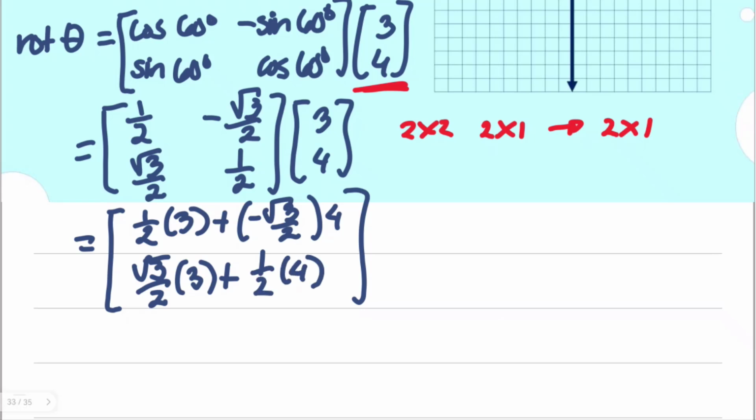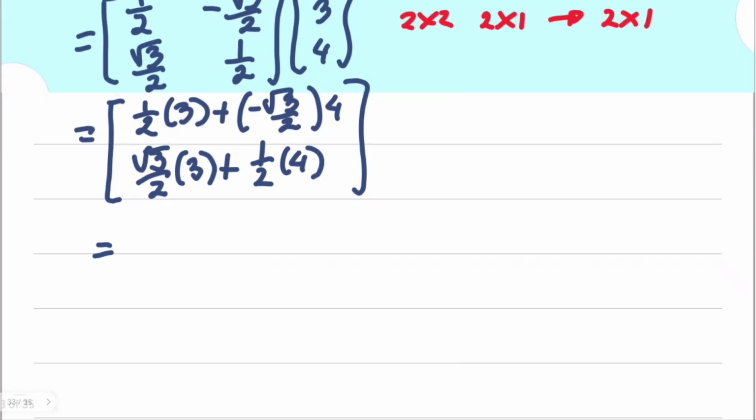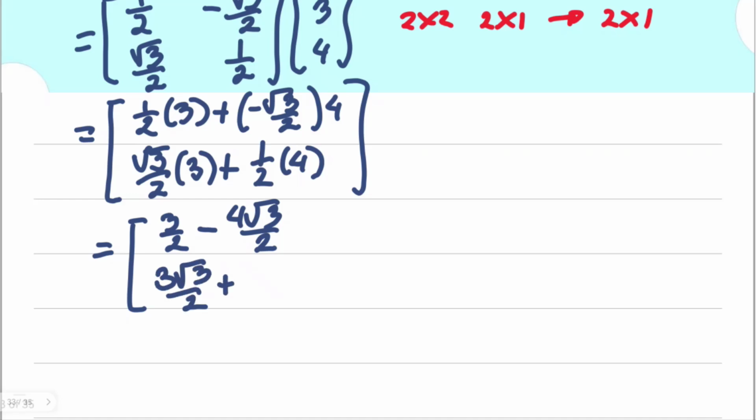Allow me not to simplify this and that, because I would like to come up with a possible singular rational expression here. So you will have the form 3/2 minus 4 square root of 3 over 2. And then, for the second, you will have 3 square root of 3 over 2 plus 4/2.